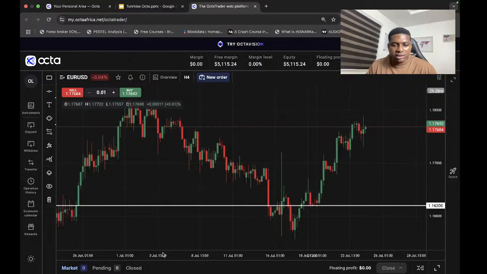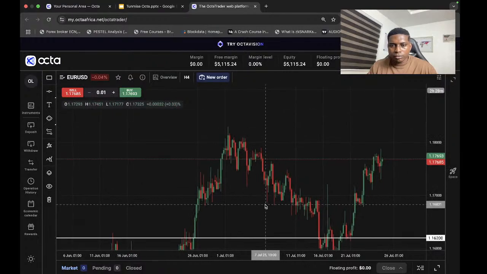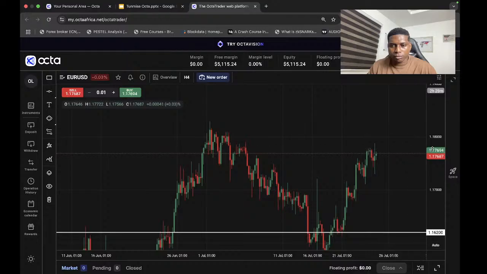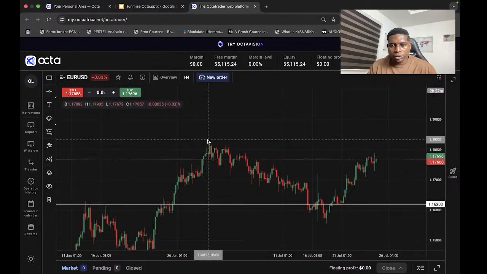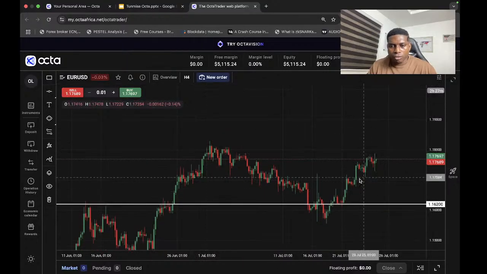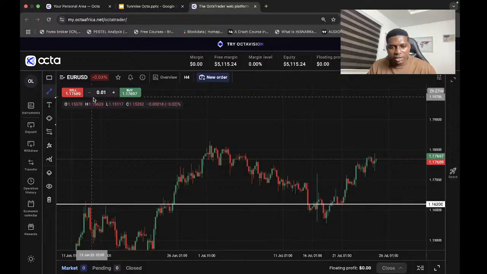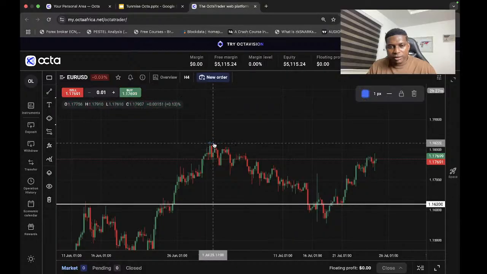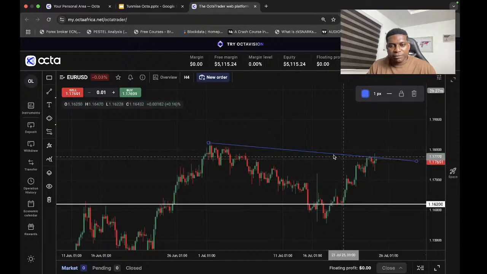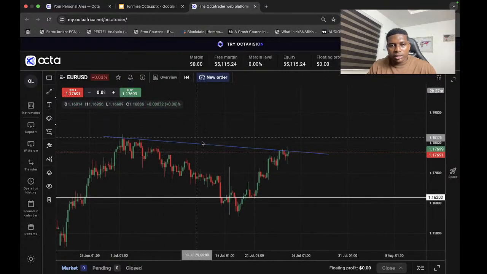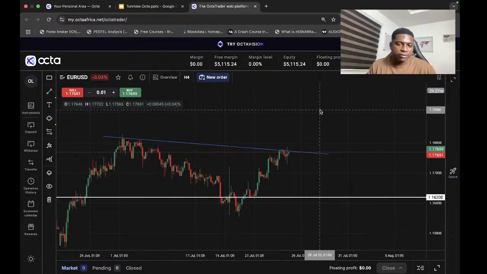So clearly we can see from the 4 hours time frame, good. What I'm expecting to see from this level here, I'm expecting to see a breakout of this level.